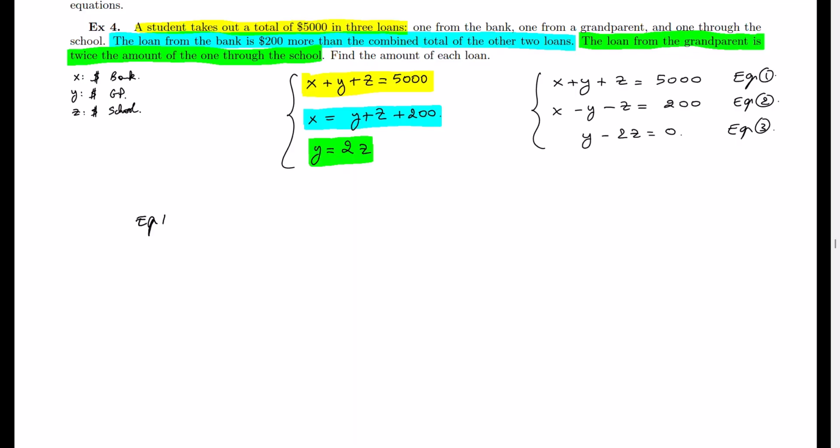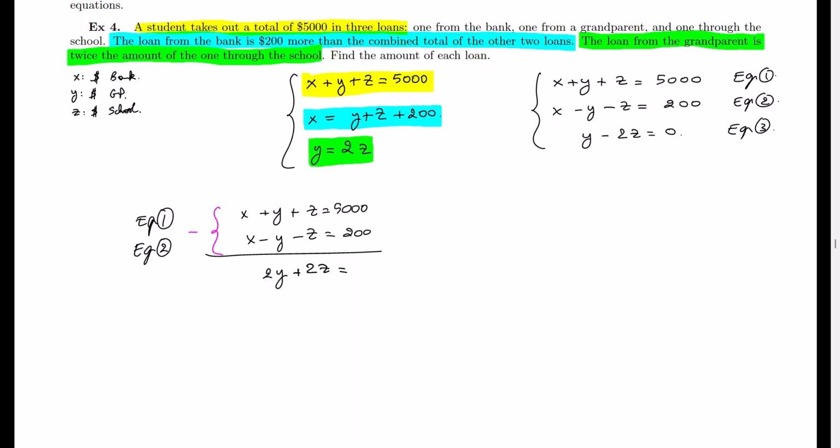I'm going to take equation 1 and equation 2 and basically subtract the two from one another, and that will eliminate the x variable. So x plus y plus z is 5,000, and x minus y minus z is 200. And if we subtract them, x minus x will be 0, y minus a negative y will be 2y's, z minus a negative z will be a 2z, and then finally 5,000 minus 200 will be 4,800.